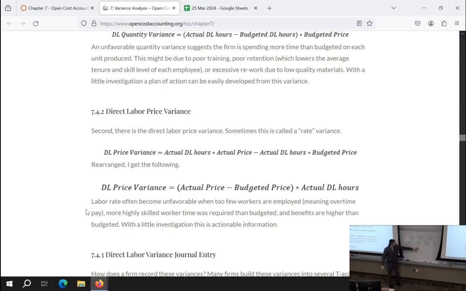And now we have actual quantity held constant. We're going to move from fictitious price up to actual price right here. So the two things being compared are AP minus SP in the parentheses, all times the actual quantity of hours. Okay, well, yeah, we use a certain number of hours and we're going to keep that constant in this, but how much do we pay for those hours? We expect to pay this amount. Did we pay more than that? Did we pay less than that?